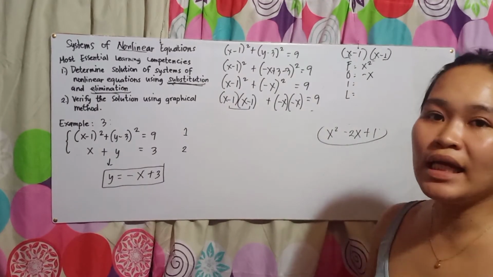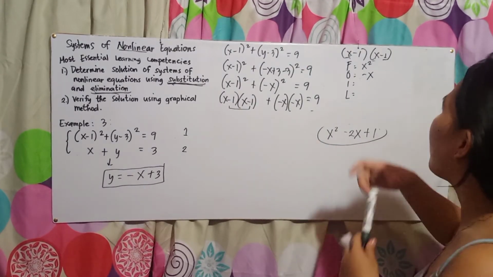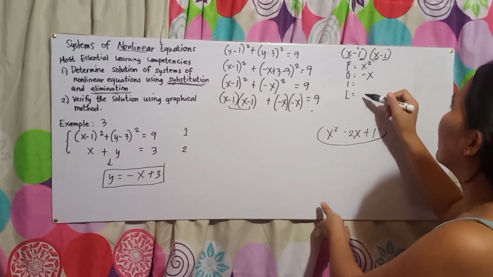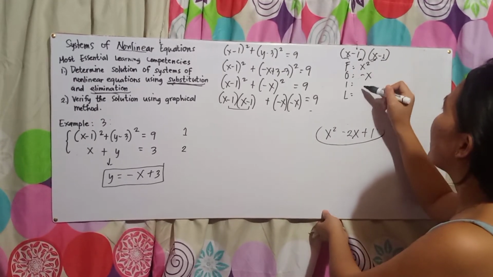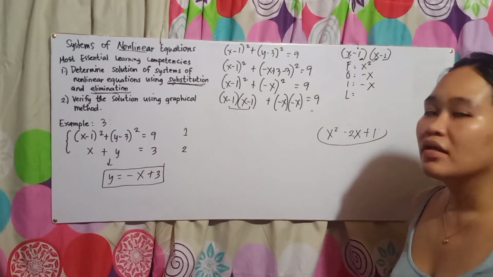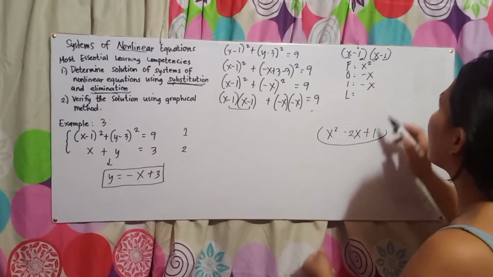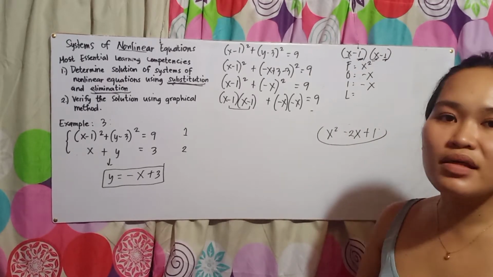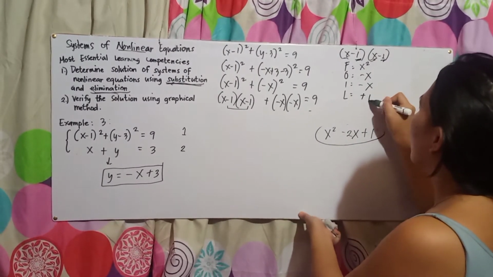I stands for inner. The inner terms are the ones inside, negative 1 times x is negative x. Then L stands for last. Negative 1 times negative 1 is positive 1.